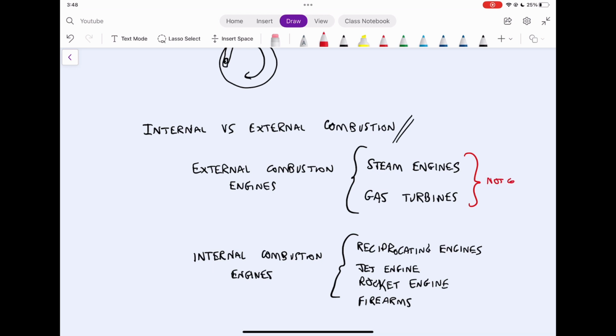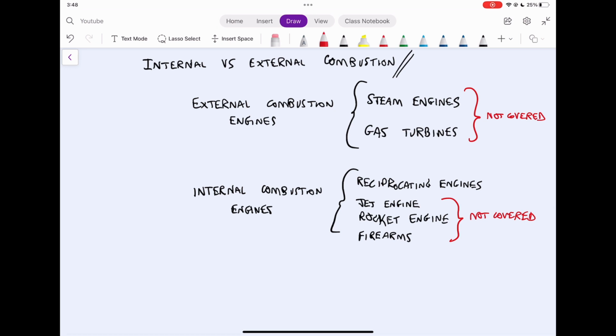Rocket engines are also a different type, and firearms, finally, are another type of internal combustion engine. Believe it or not, the chamber is usually closed and the gunpowder explodes within the chamber. But we are not going to cover any other type of internal combustion engine outside of reciprocating engines, and we will briefly also discuss rotary engines.